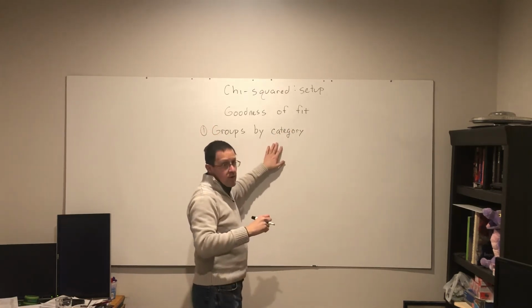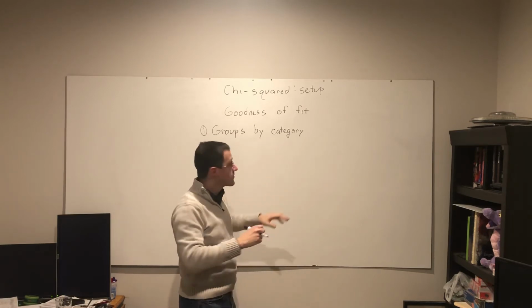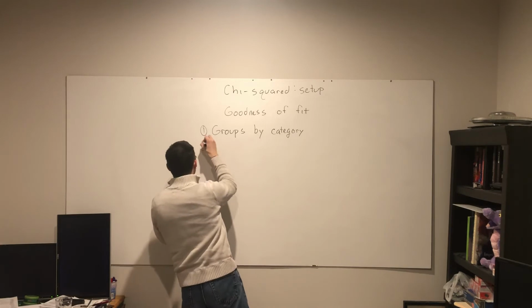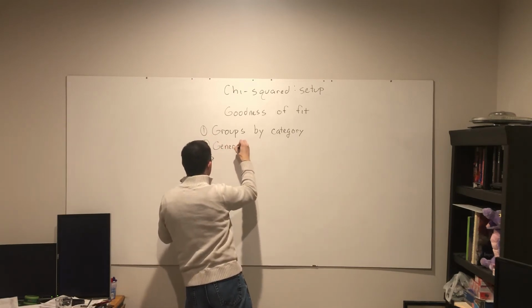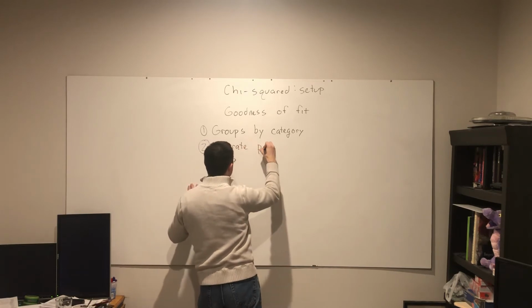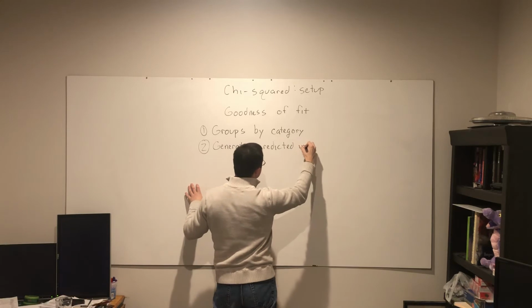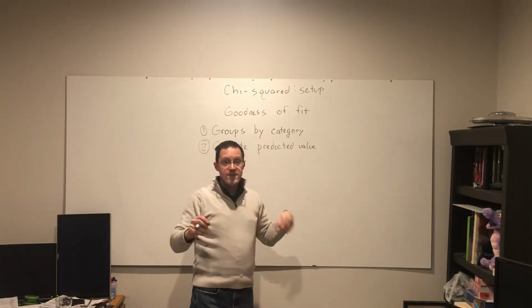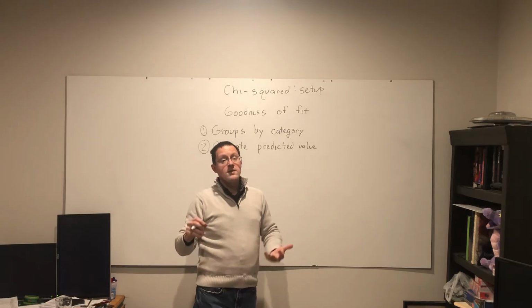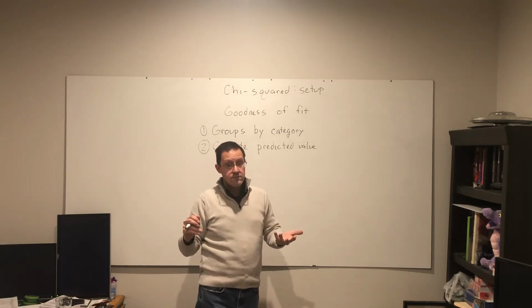So no matter what, we're going to have some kind of grouping by category. And we generate some kind of predicted value. Okay, we have this predicted value.